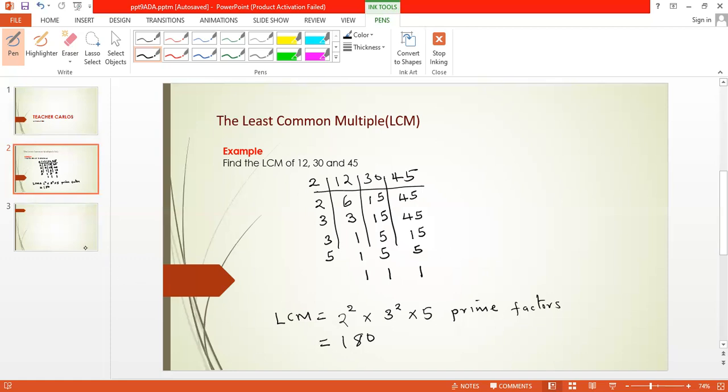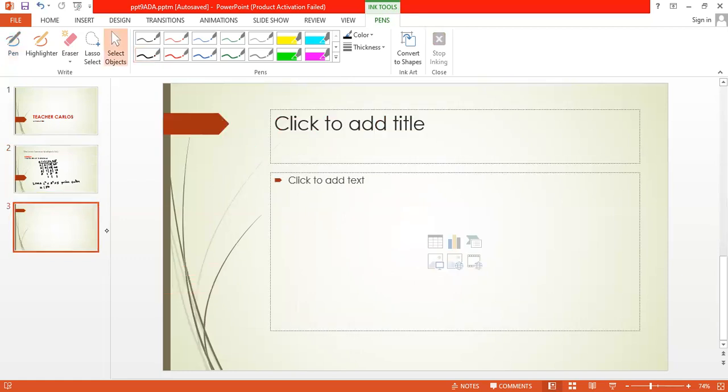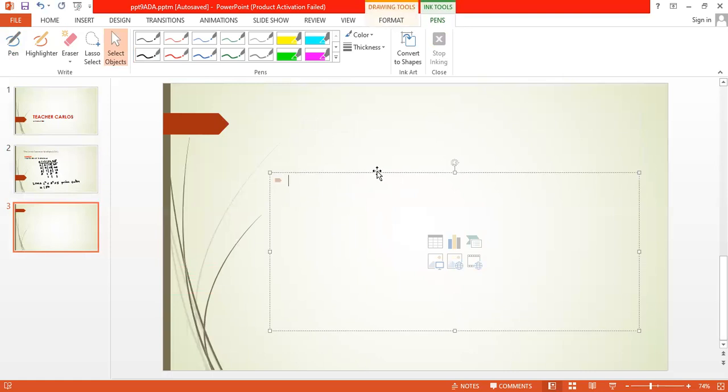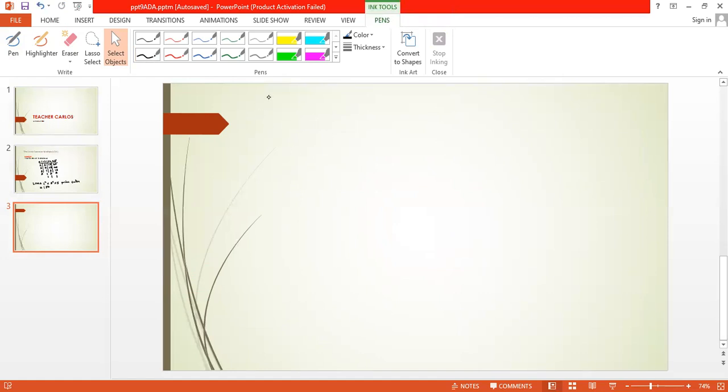In this case, we shall go to another slide and look at something else that can be tested on LCM. We have various things that can be tested on LCM. We have time, where we are being told that bells ring at given intervals.